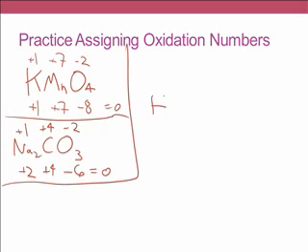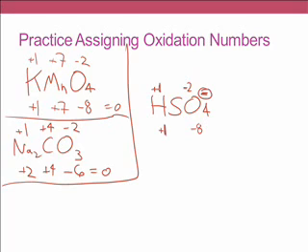Let's try some polyatomics. Let's say you have HSO4-. So that's the polyatomic. Let's start with oxygen. Oxygen has an oxidation number of -2. The total charge on all 4 of those is -8. Hydrogen has a charge of +1. There's only one, so it has a charge of +1.